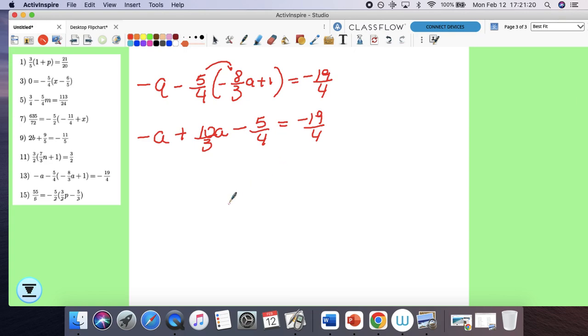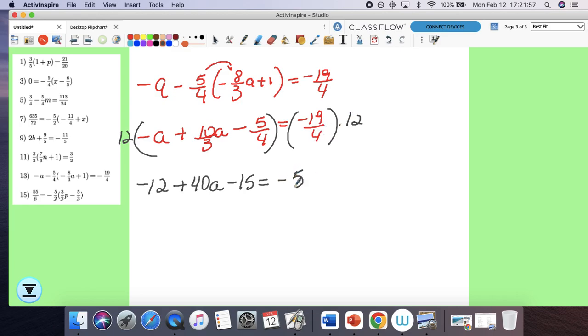Alright, so let's see. Now we're going to multiply this whole expression times 12. Apologies, not 4. There's the LCM between 3 and 4, which is 12. So negative 12a plus 12 divided by 3 is 4. 4 times 10 is 40a. And then 12 divided by 4 is 3 minus 15. And 12 divided by 4 is 3.